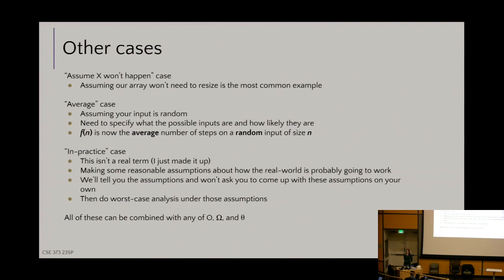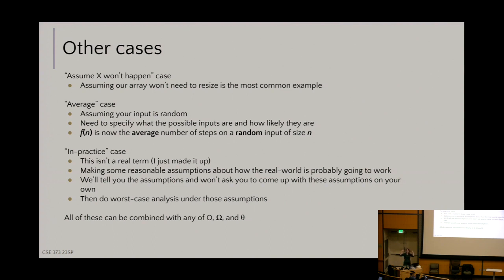You'll see situations where people want to talk about the code, but assume the resizing of the array doesn't happen. That's a really common thing that people will say. Or if you want to continue on and join the major, you can get into the real mathematical analysis of the average case. You do this amortized analysis between the best case and the worst case and the possible statistical probability of each one. That's a real thing.